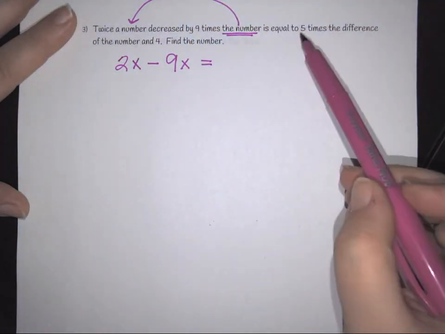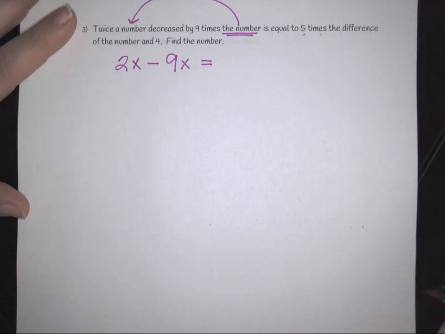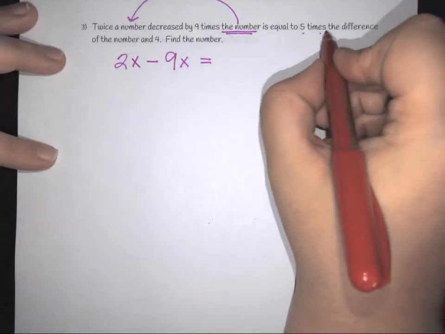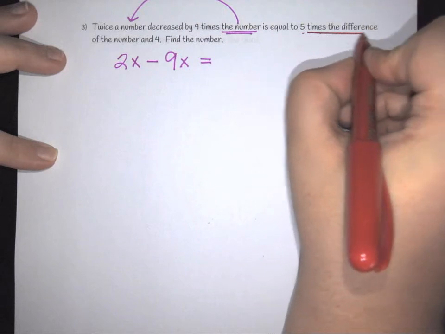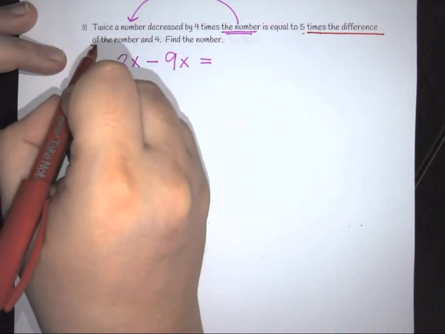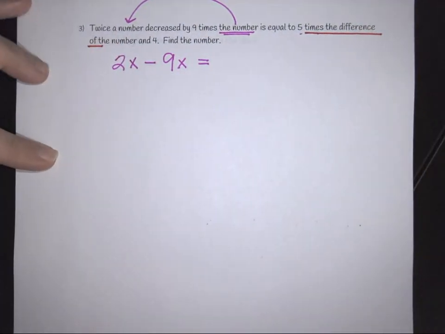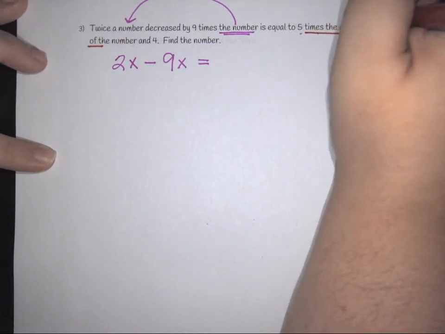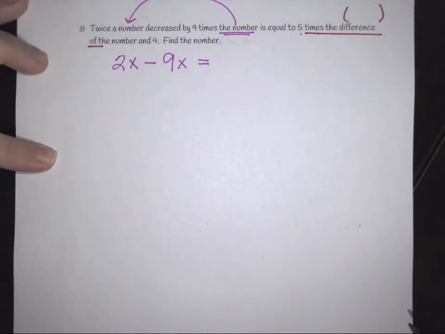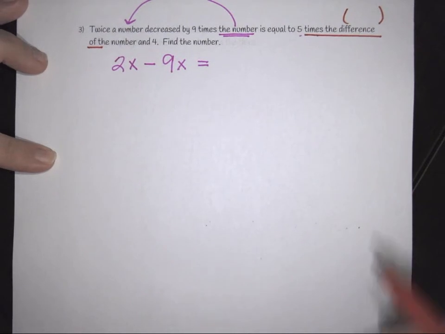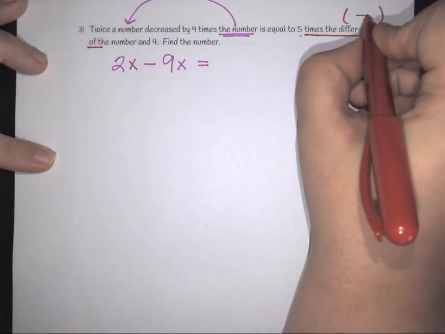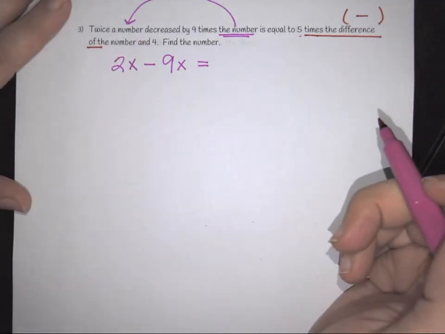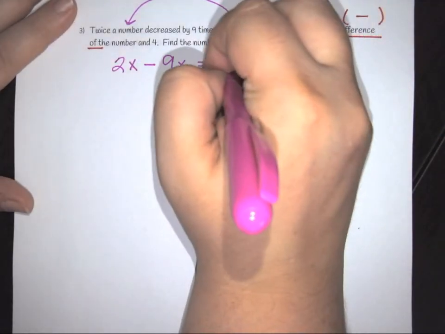And then I have 5 times the difference of. Okay, so I want to point out times the difference of means parentheses. So this right here is talking about a parenthesis. And then the difference is talking about the sign inside the parentheses. So here we are talking about a subtraction. So 5 times means my 5 is on the outside.